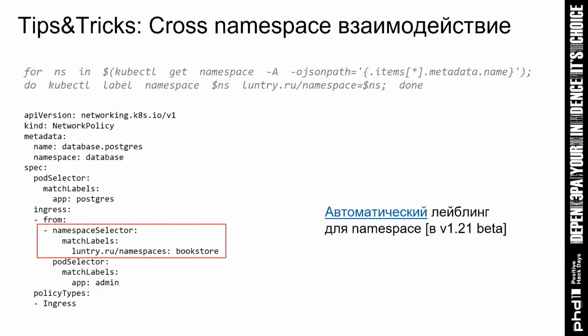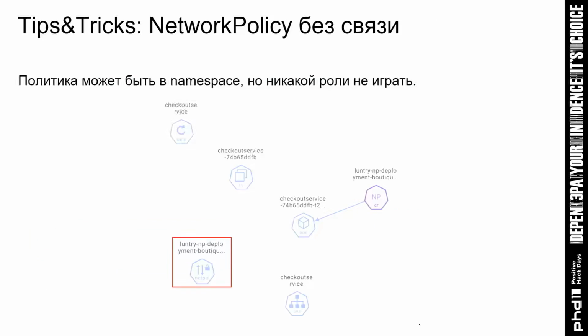With Kubernetes version 1.21, the label is applied automatically, and we can just name the label in writing our policy, and it would work for all the pods in a given namespace.